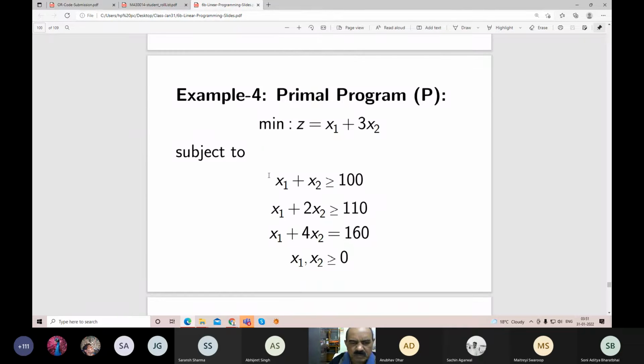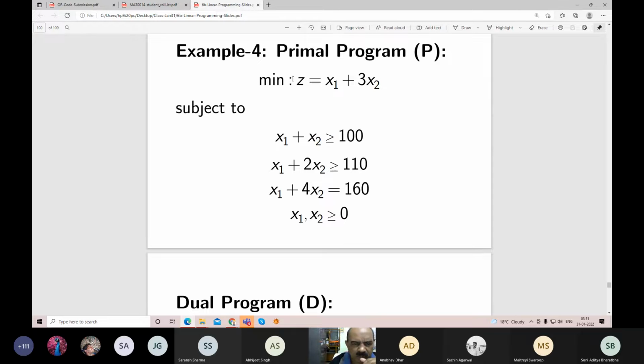Now come to this problem. The primal has a minimization type objective function, and of the three constraints, two are greater than or equal type and the third is equality type. The dual will be maximization type. There will be three dual variables and two constraints.